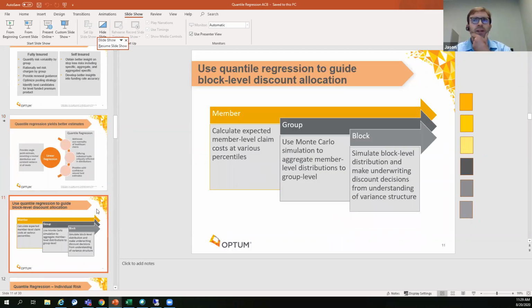So we've been talking about each member's individual risk score and profile of risk scores all along, where I've said, okay, as a function of your covariates, your 10th percentile is this, your 20th percentile is this, your 50th percentile is this, et cetera.